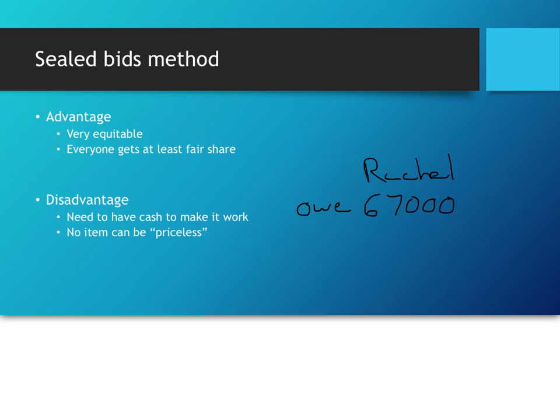Okay? Also, there's a disadvantage that no item can be priceless, meaning here we are putting a monetary value on every single item. Okay? And some items, people think, well, this is a family heirloom and all that kind of stuff. So a disadvantage is that no item can be priceless.